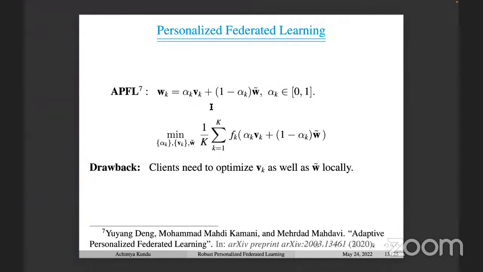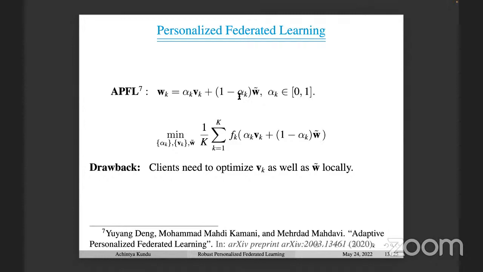Another federated learning approach where they want to have a client-specific model is called adaptive personalized federated learning, where they want to learn models which are a combination of the global model given by W tilde and a local version of it, taking a convex combination of these two.